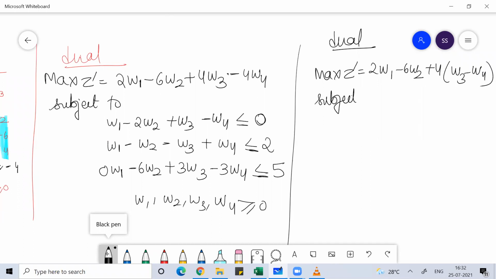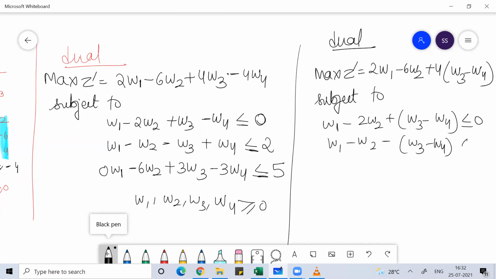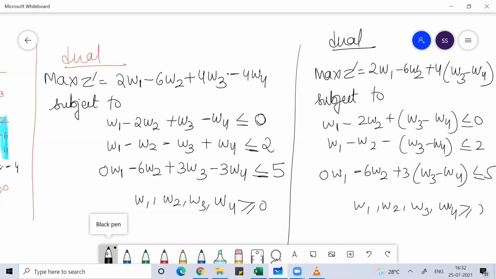Subject to w1 minus 2w2 plus (w3 minus w4) less than or equal to 0, w1 minus w2 minus (w3 minus w4) less than or equal to 2, and 0w1 minus 6w2 plus 3 times (w3 minus w4) less than or equal to 5, where w1, w2, w3, w4 are greater than or equal to 0.